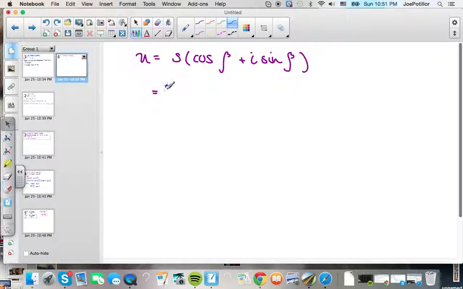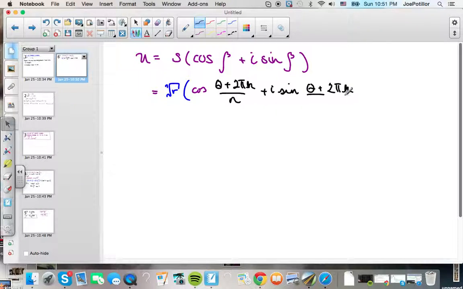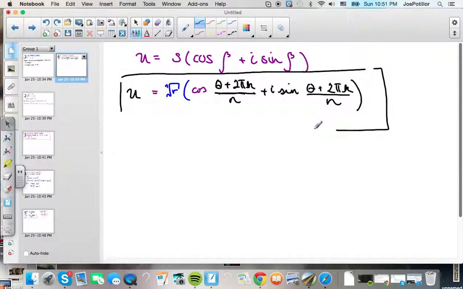So we have the nth root of r cosine of beta, which is theta plus 2 pi k divided by n, plus i sine of theta plus 2 pi k divided by n. That whole expression there. And this is the nth root of a complex number equation. Kind of ugly piece of junk. Okay?